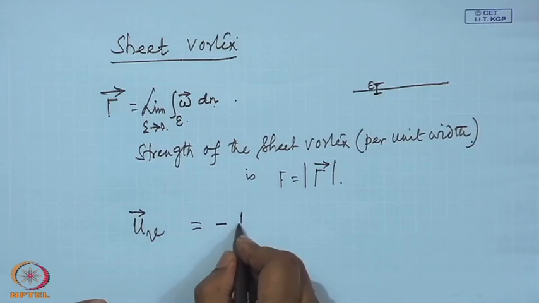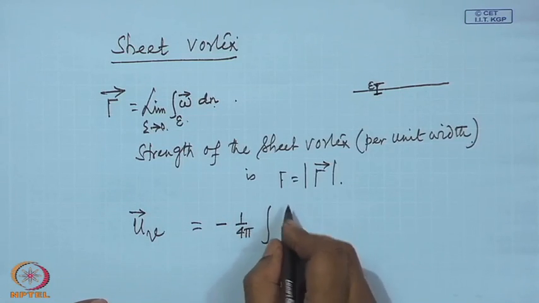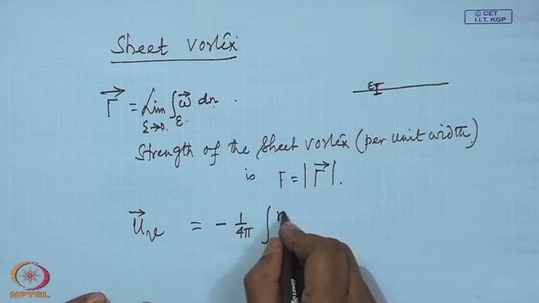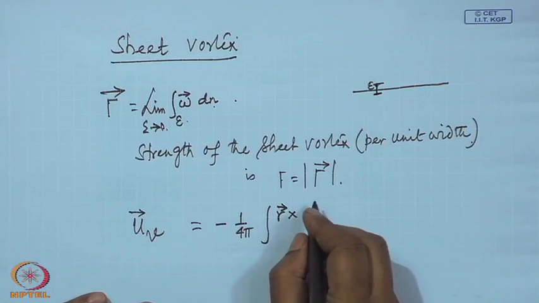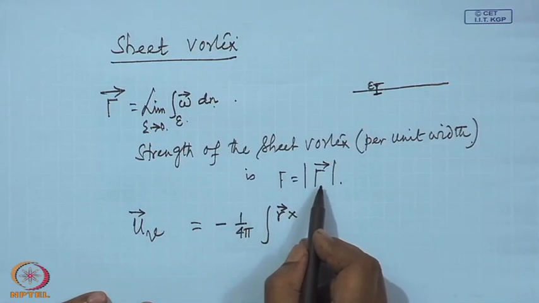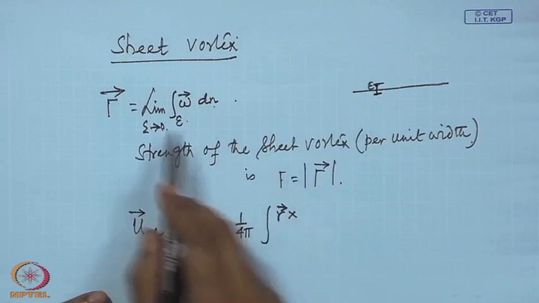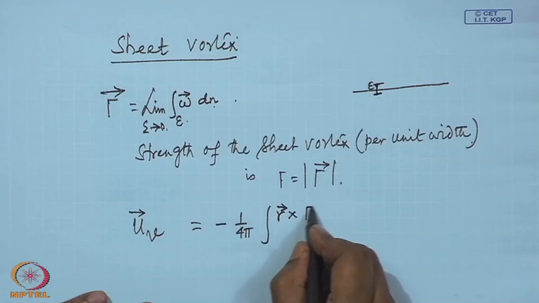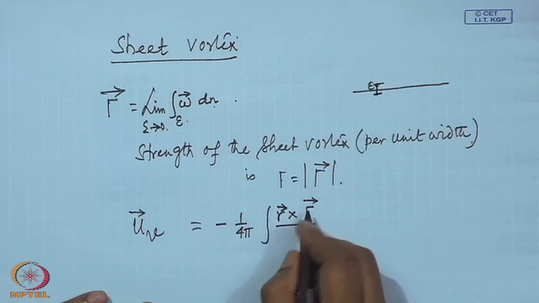This will be how much? Minus 1 by 4 pi into r cross omega, but we can now change it, because that omega dV can be written as, okay.